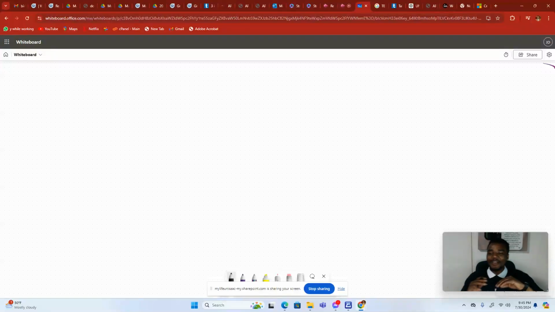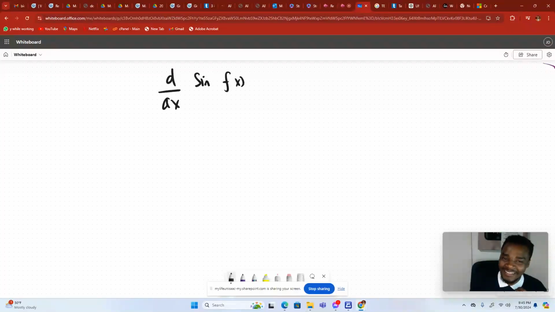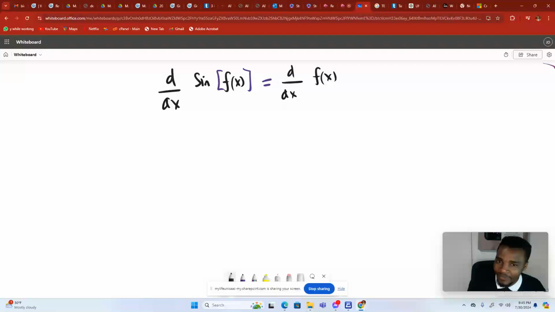Okay guys, so far we are going to take a closer look at how we differentiate the sine of a certain function. How do you differentiate sine of f of x? For us to find the derivative of sine of f of x, all we need to do is find the derivative of f of x first.